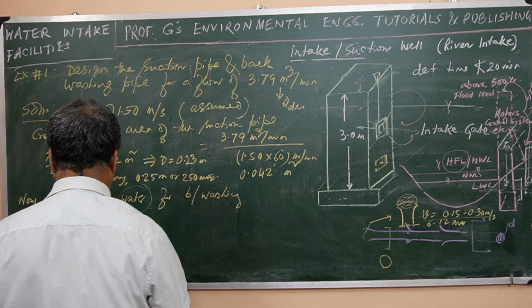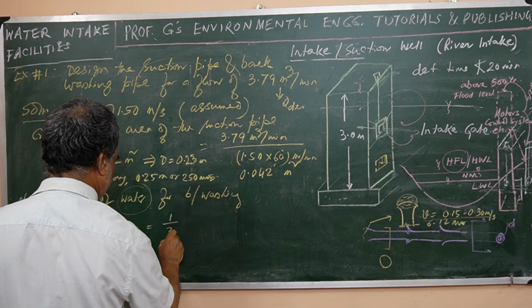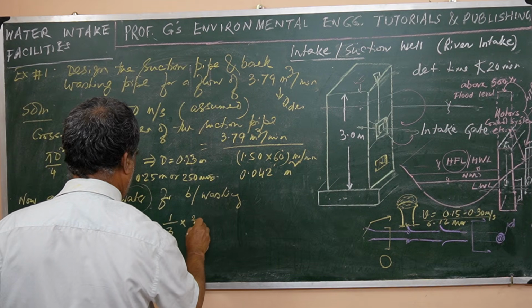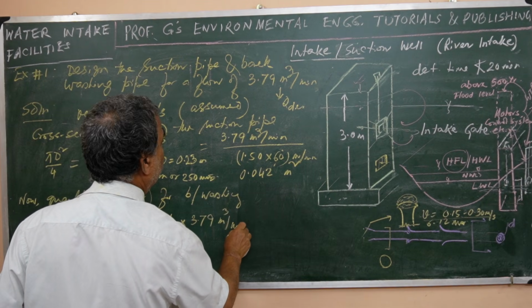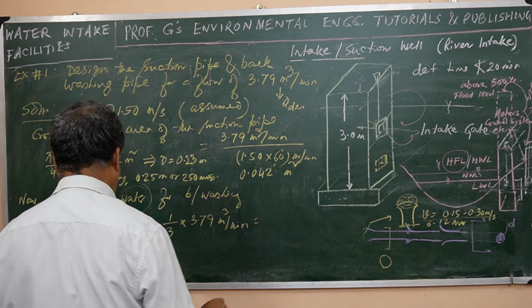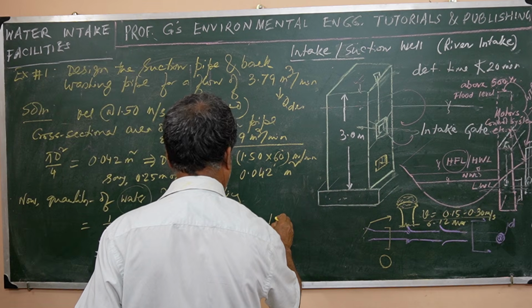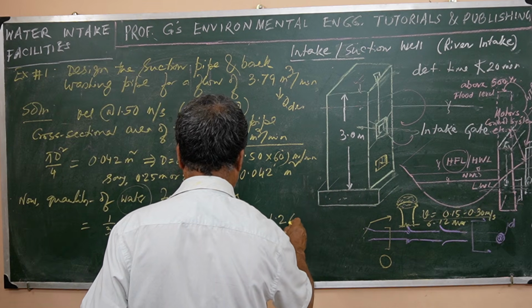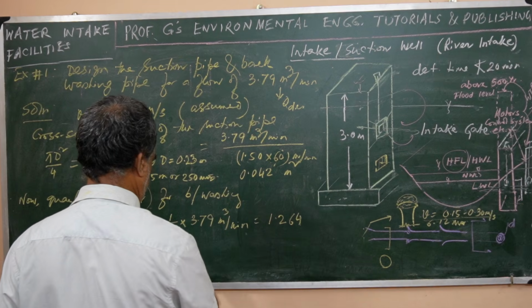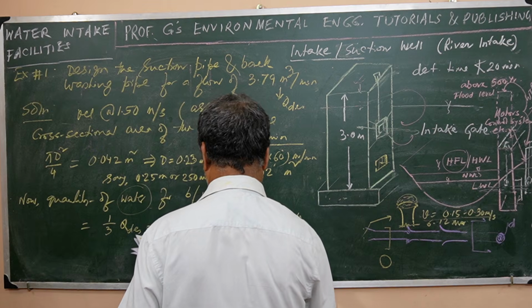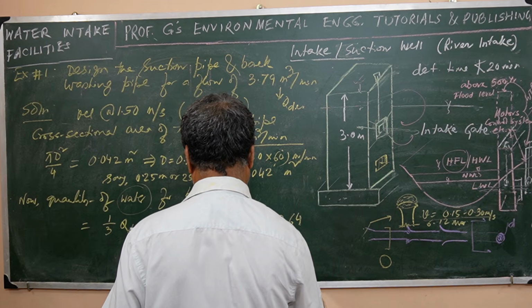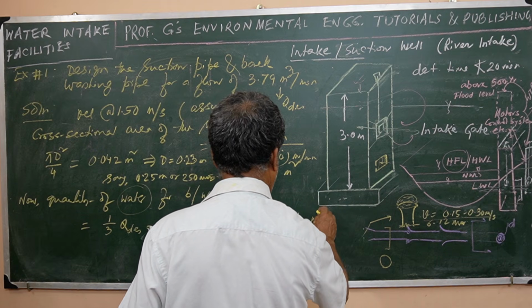So this would be, say, 1/3 into 3.79 meter cube per minute or so. So this will be 1.264 or so. Sorry, this is meter cube per minute.